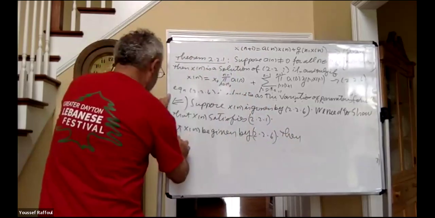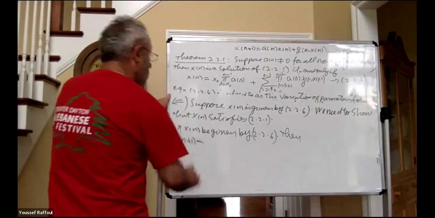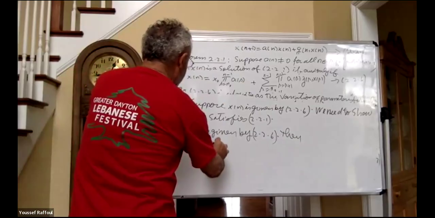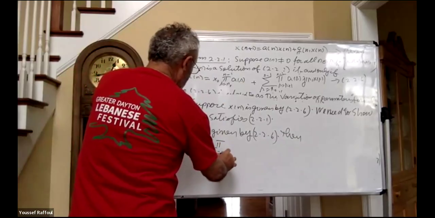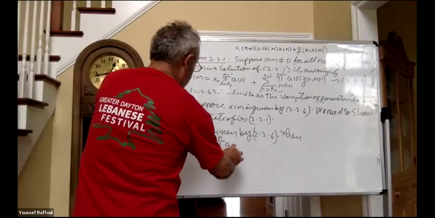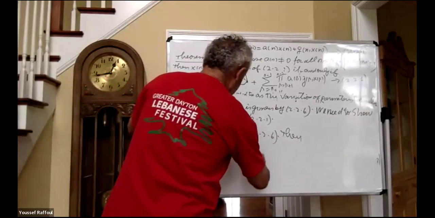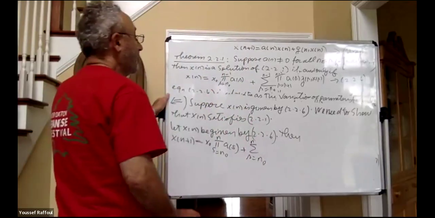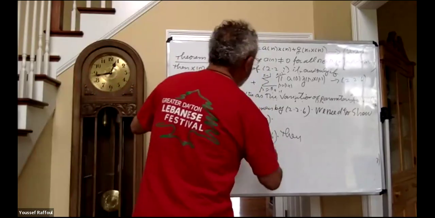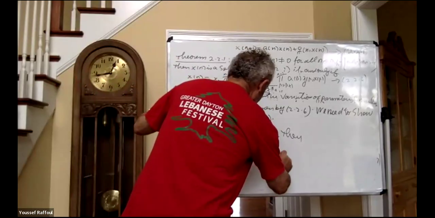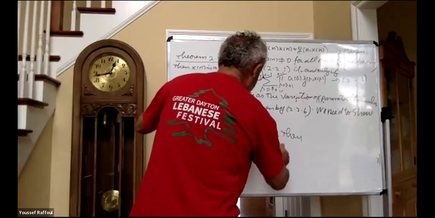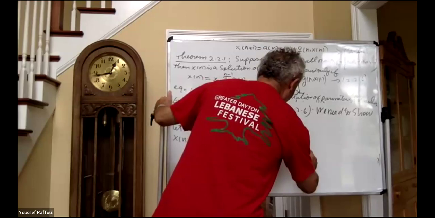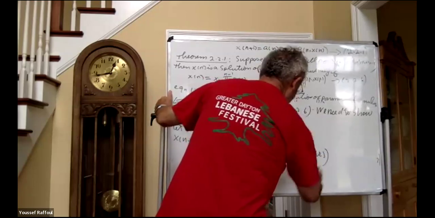Then what is x_(n+1)? Then x_(n+1) is, let's work with this one: x naught times the product over s equal n naught to n of a_s, plus the sum over r equal n naught to n of the product over s equal r plus 1 to n of a_s, and g of r x_r.